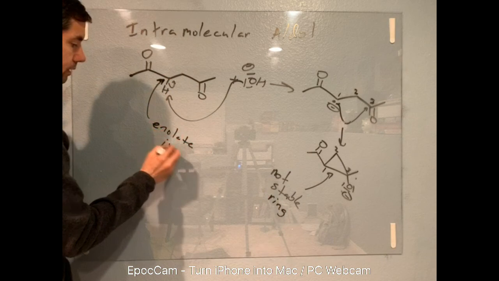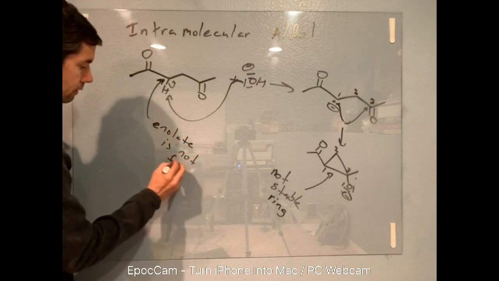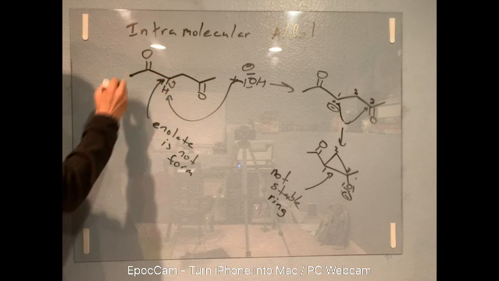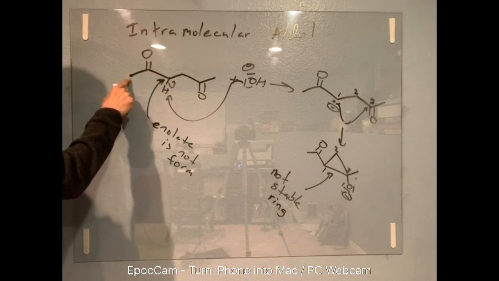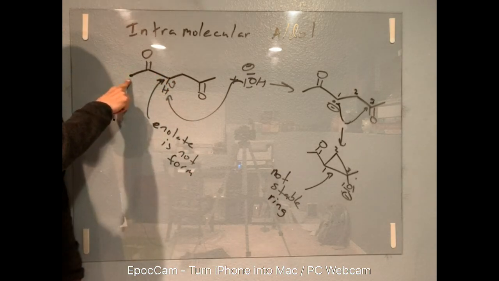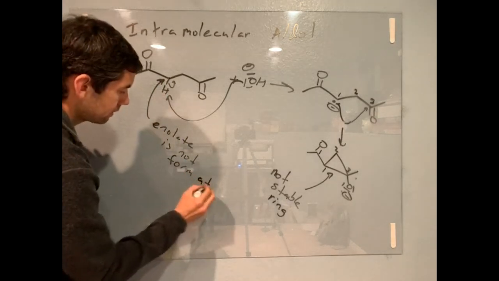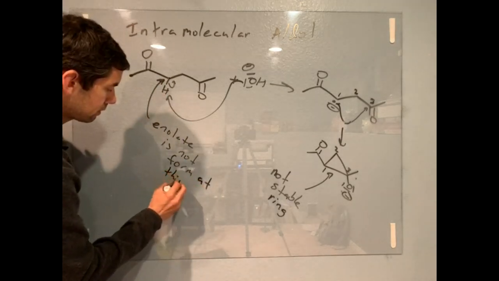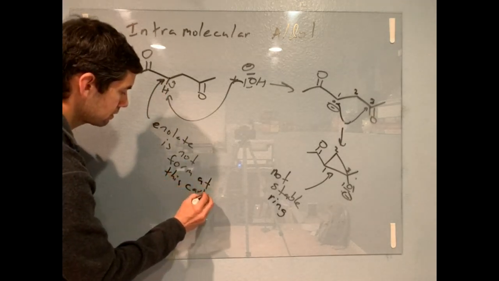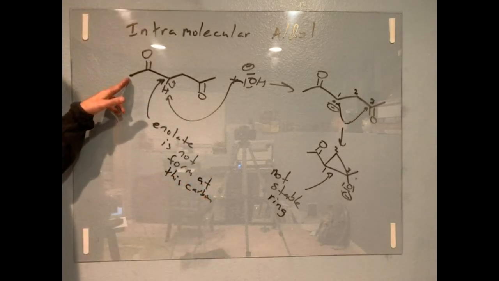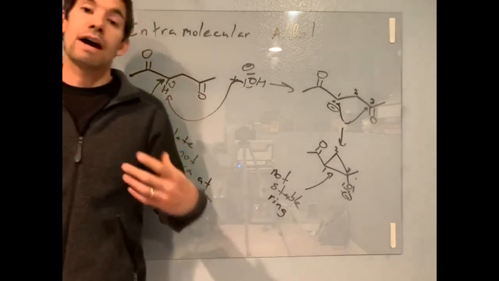Enolate is not going to be formed at this carbon. We're going to make the enolate where? Enolate's going to be here so that we can give us our 5-membered ring, right? Enolate is not formed at this carbon. Okay? That's why we made the enolate here so that we can get that nice stable 5-membered ring.